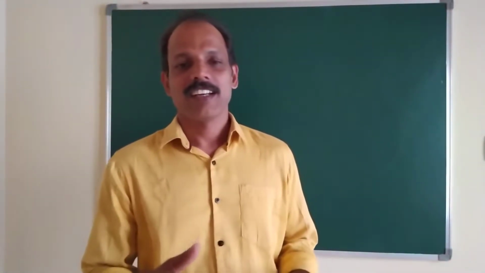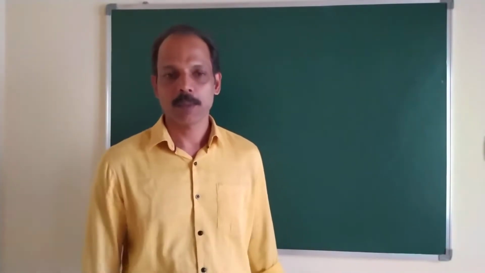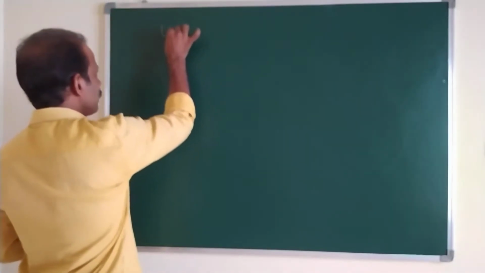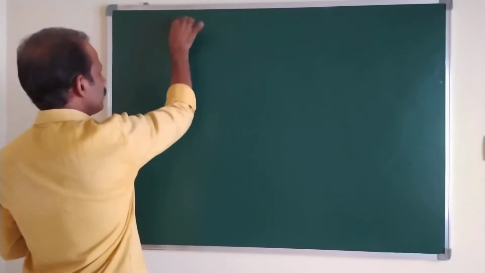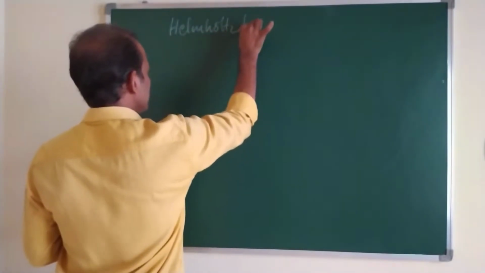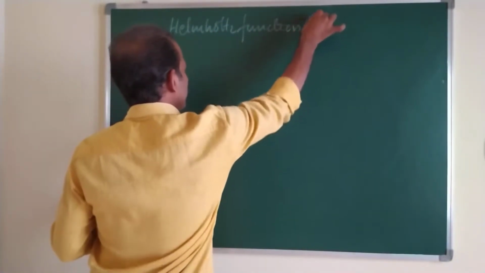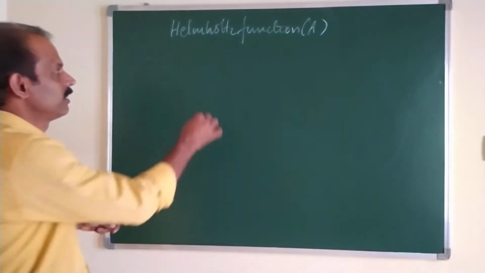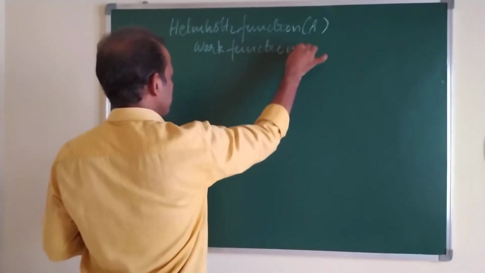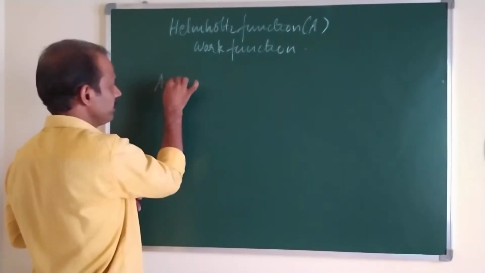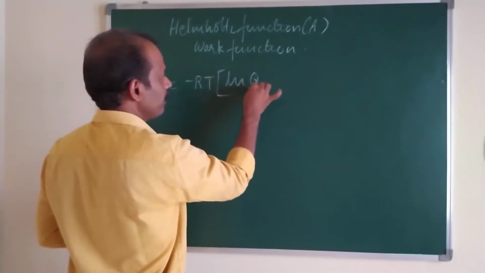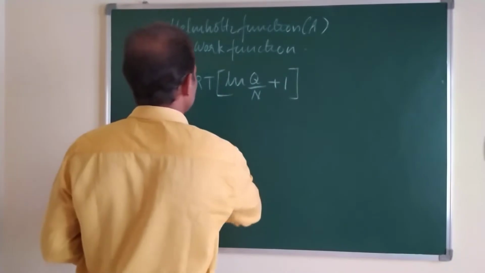Last lecture we discussed the relations between partition function and some thermodynamic properties, up to work function, that is Helmholtz function A. It's also known as work function, and we know A equals minus RT ln Q by N plus 1.